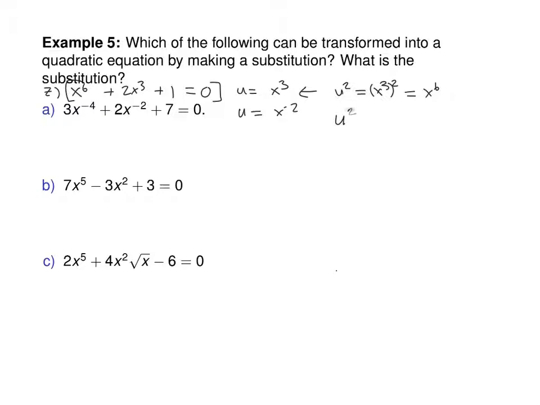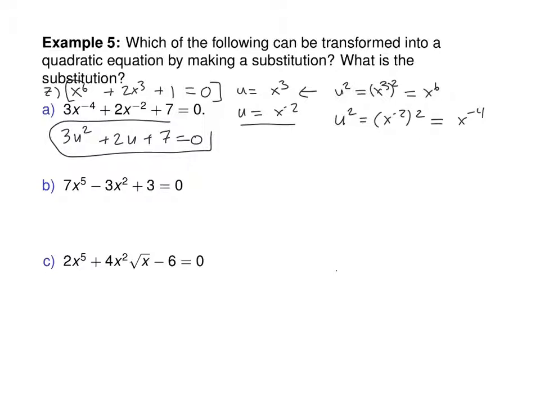And then u squared will be x to the -2, the whole thing squared, and what does that make? x to the -4. So that's your substitution. The answer is yes. This becomes 3u squared plus 2u plus 7 equals 0, using that u. If you can keep proper track of it, you could say it's going to be something with x to the -2 and x to the -2. It's also totally fine.